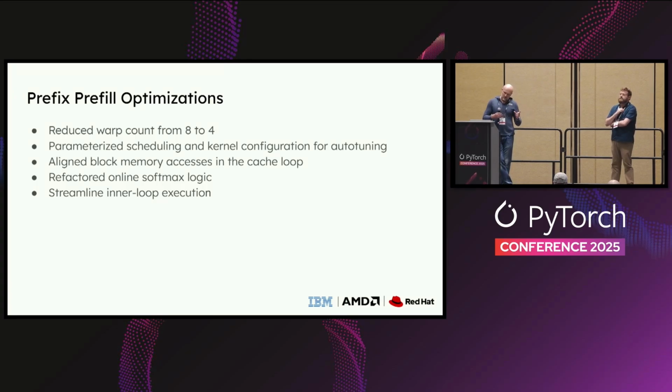And not aligned for the block size, it was refactored to access only one KV cache block, right? Because vLLM is a block structure for KV cache.